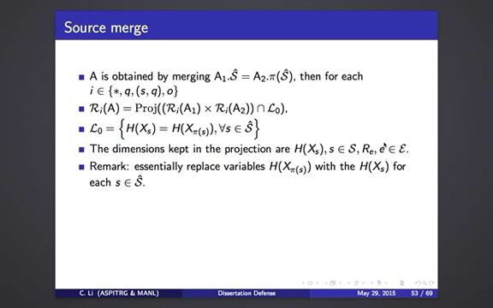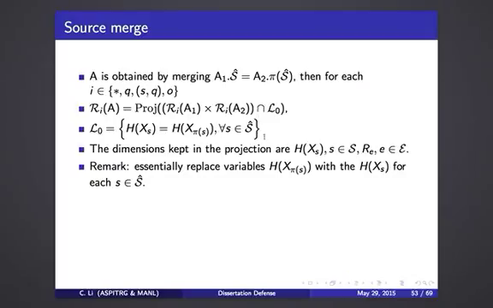So for the combination operations, we also have rate-region relationships between smaller networks and the combined network. So here I just give the source merge as a demonstration. When a subset of sources in network A1 is merged with an associated subset of the sources in A2, the rate region for the combined network will be the direct product of R_A1 and R_A2, and then forcing the source entropies of the pairs of sources in the merge to be equal.